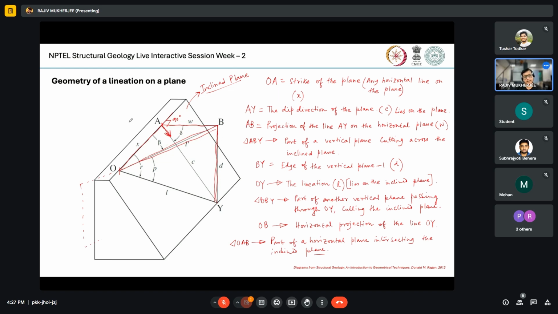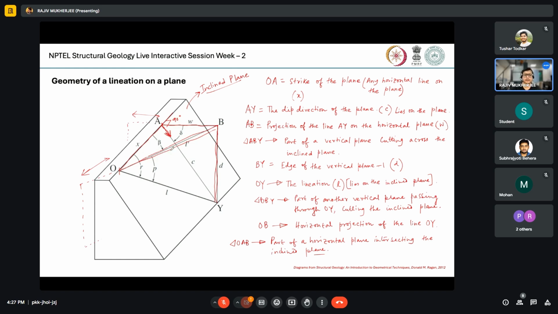So one is this plane that is cutting across the inclined plane like this, and another is this plane that is cutting across the inclined plane like this. Now we have the angles that these lines have made on the surface, right?